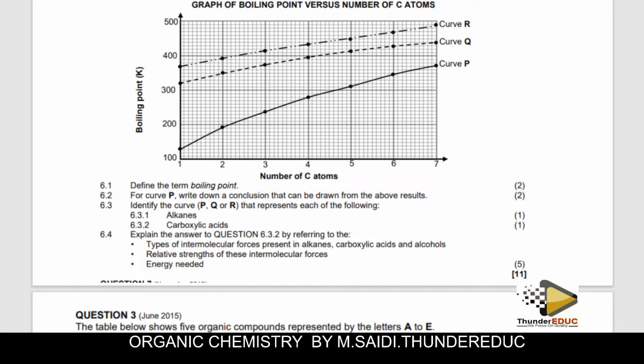They're saying that group, I discussed properties yesterday. Define what is boiling point. So basically, when you talk about boiling point, you're talking about compounds. Compounds only boil when the vapor pressure of that substance is equal to the atmospheric pressure.